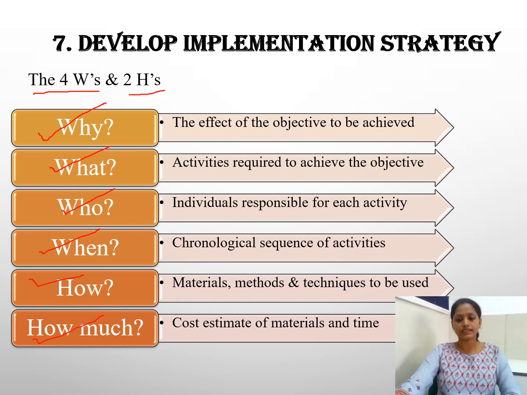How much of the materials and time is required for this program? So these are all the various questions that should be asked while developing implementation strategies. You can remember it as 4 W's and 2 H's: why, what, who and when, how and how much.